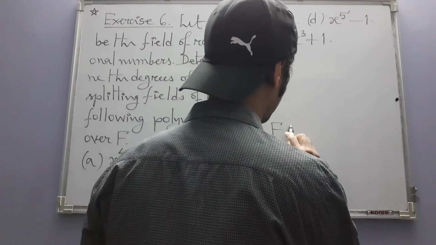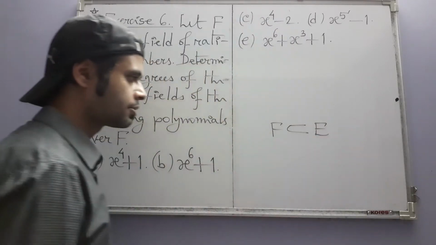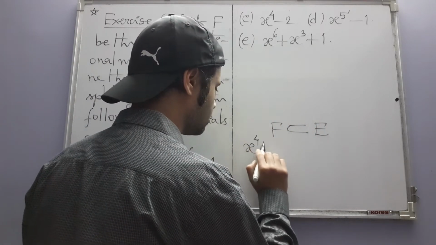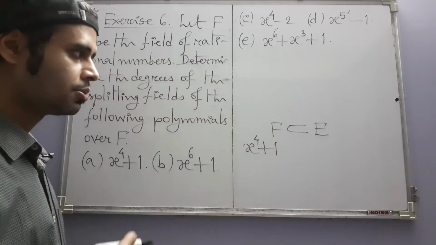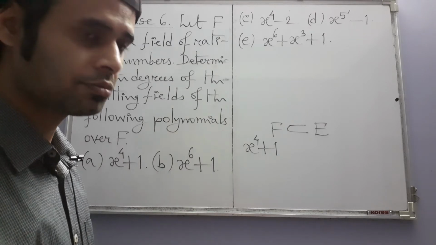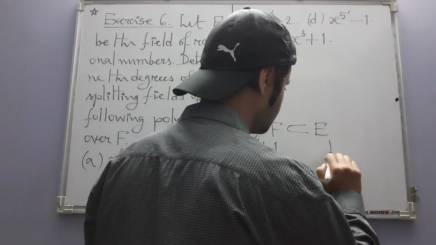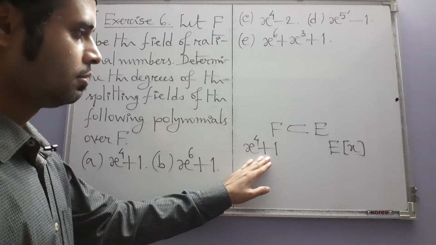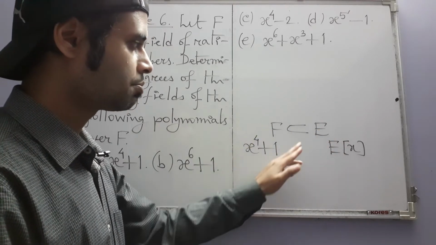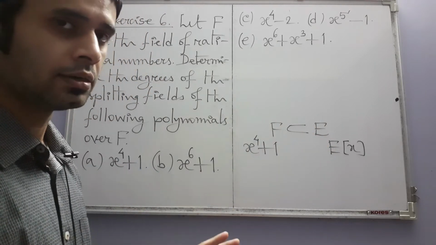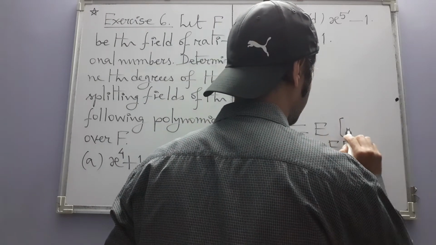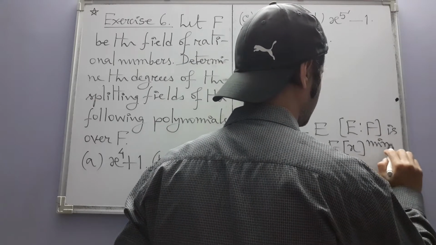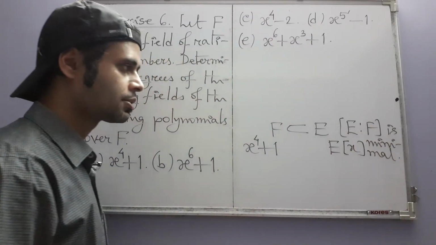The splitting field for this polynomial is an extension E of F, where F is the field of rational numbers, such that you can split or factorize this polynomial completely as a product of linear factors in the polynomial ring E[x], or equivalently, you find all the 4 roots of this polynomial in E, and additionally the degree of E over F should be minimal. It should be the smallest possible.